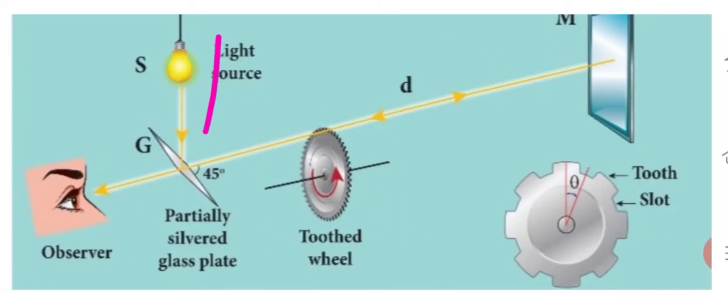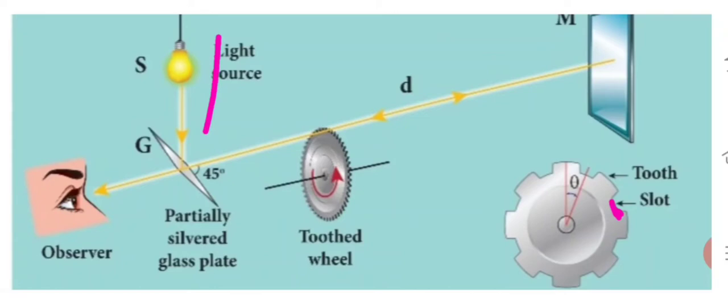Then the light passing through one cut in the wheel will get reflected by the mirror. Suppose the light is passing through this slot, it passes through the slot and reaches the mirror.